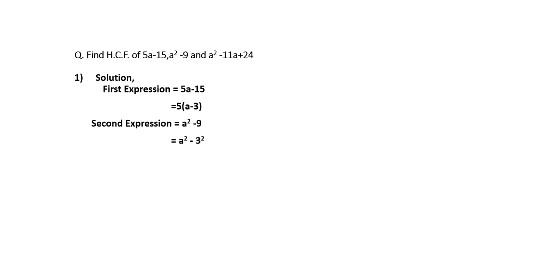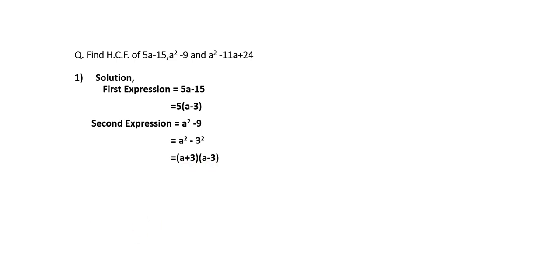Then it will be a plus 3 and a minus 3. These two are the factors of this expression, okay? Because they are in the form of the a square minus b square formula, so that a plus 3 multiplied by a minus 3, okay?